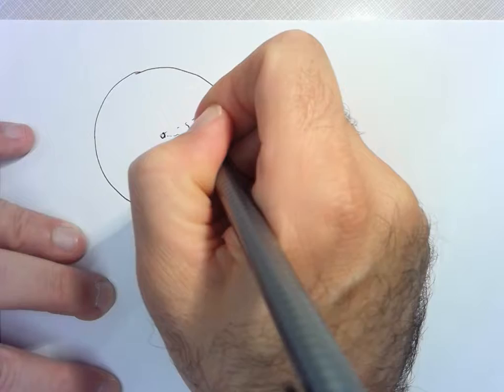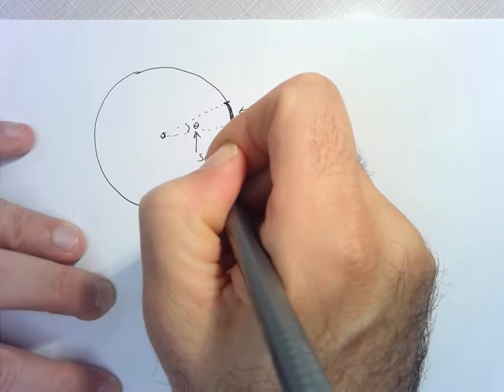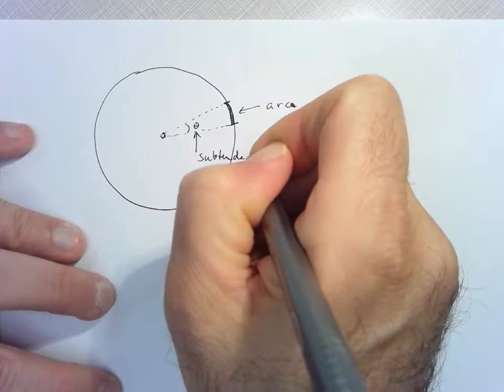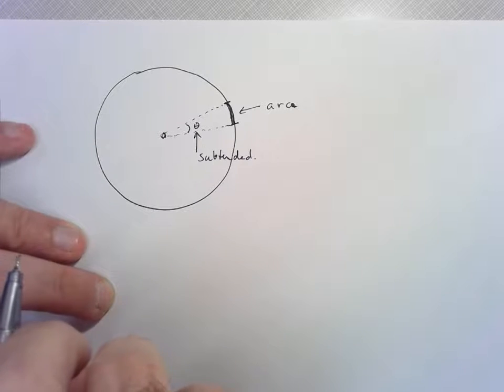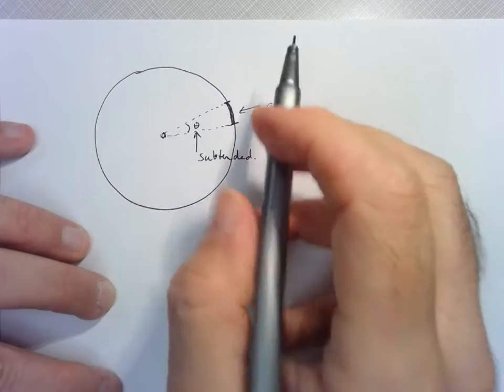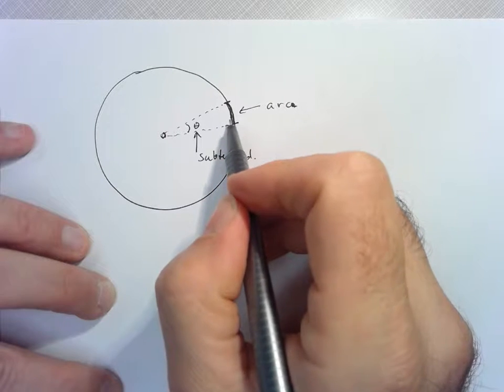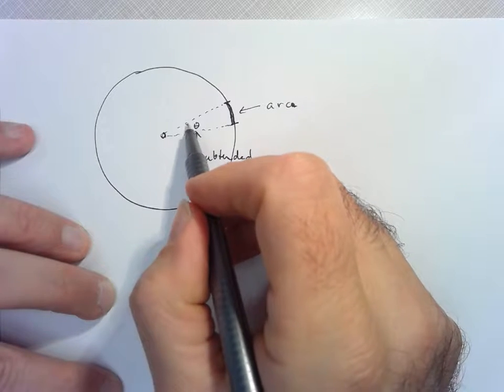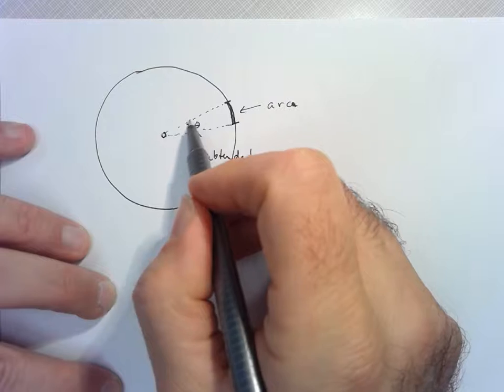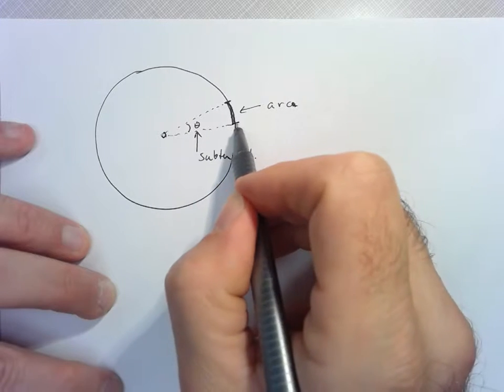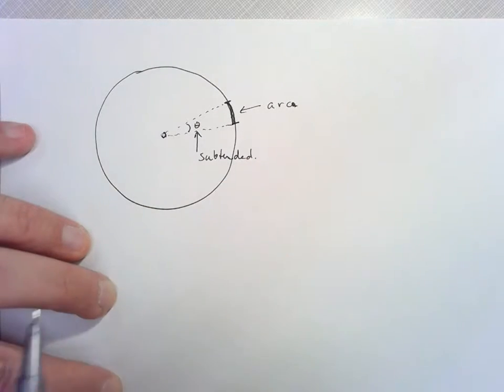This is what we call the subtended angle. Again, an arc is just a portion of the circle, and the angle that's subtended is the angle that's created when we join the ends of that arc to the center of the circle.